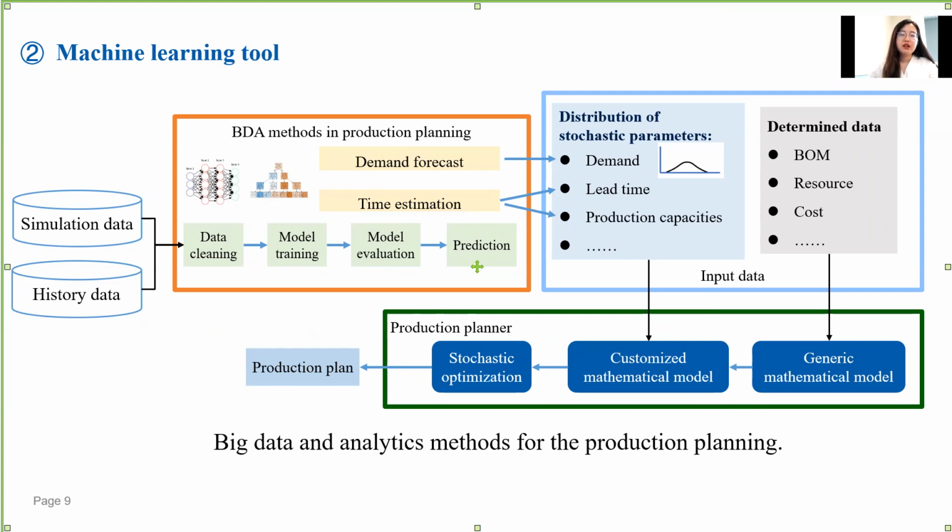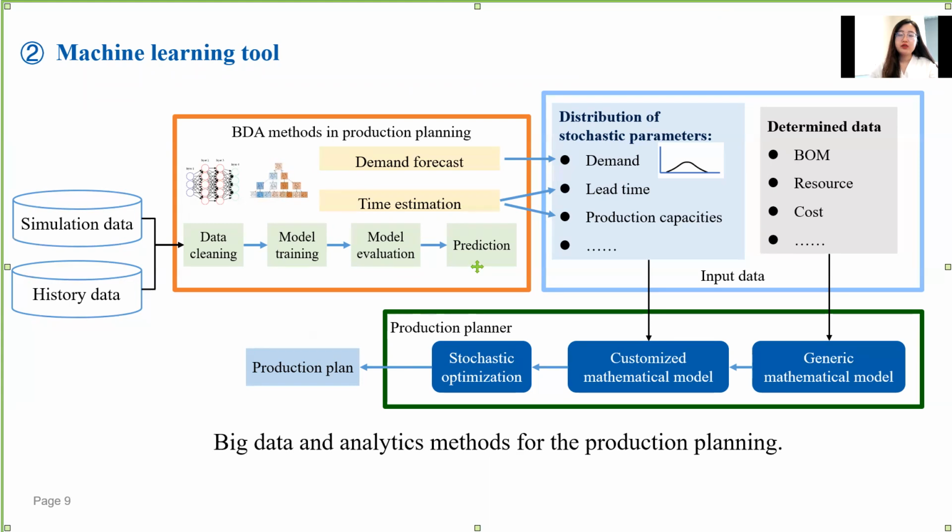Through this data, we can do the demand forecast and time estimation to get the distribution of stochastic parameters. The demand forecast is about the demand, and the time estimation is about the lead time and the production capacities.